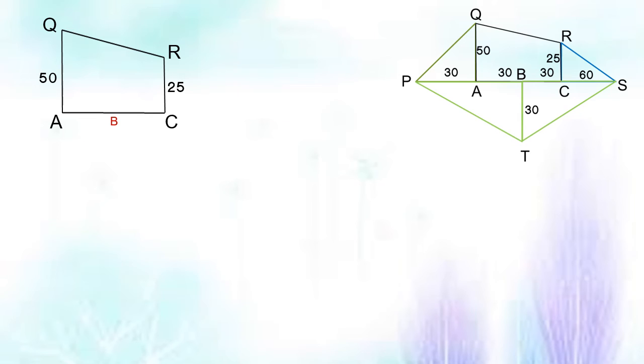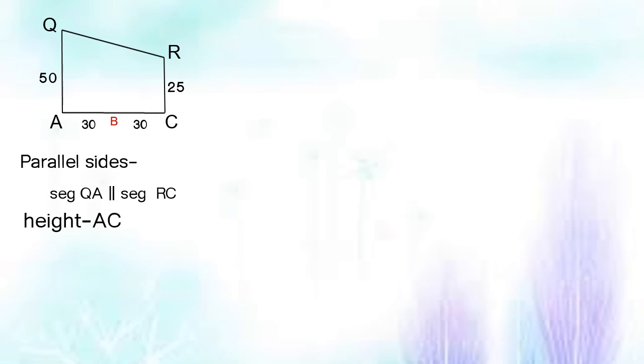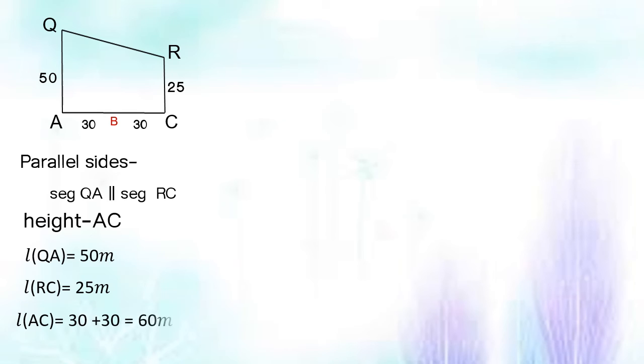These two sides are parallel. So parallel sides are QA and RC, segment QA parallel to RC, and height is AC. This is the height AC, which will be equal to 60. So QA is 50, RC is 25 and height AC is 30 plus 30, which will be 60 meter.